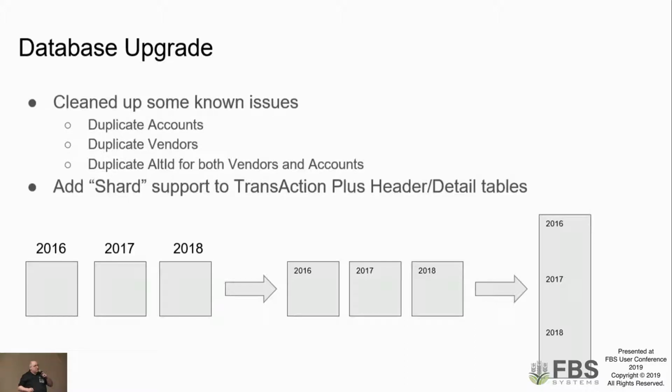More importantly for our migration, we went through and if you look at the file structure on the disk, you'll see that we have TAD, whatever your farm name is, 16, 17, 18. We have one file per year. What the migration did was embed in those files the actual year.